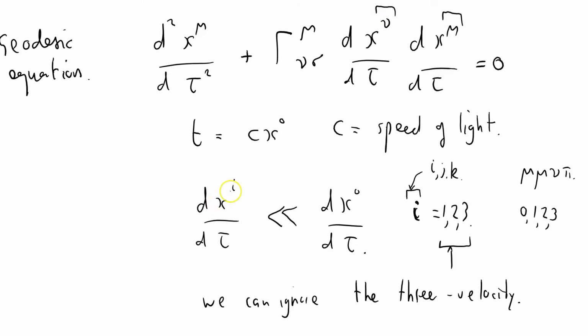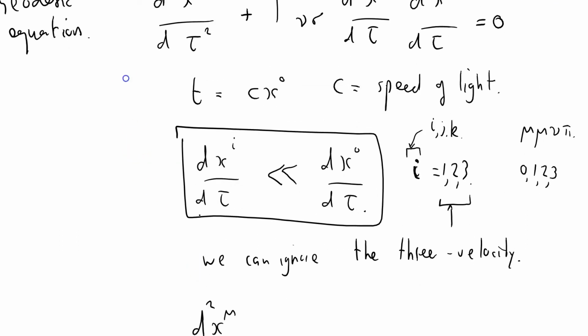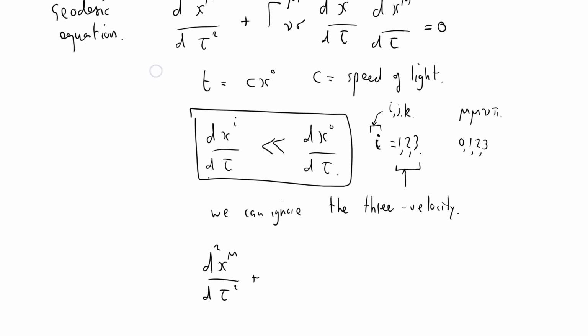Because of this rule, in this equation I can just assume that ν equals 0 because the other terms are very, very small, so I'm going to ignore them. So what is left is μ and then 0, 0, because I'm assuming that ν and σ both are equal to 0, because only the 0 component of these terms counts for anything at all.